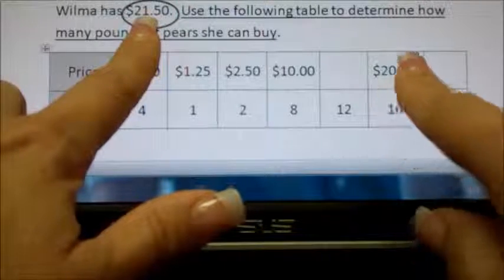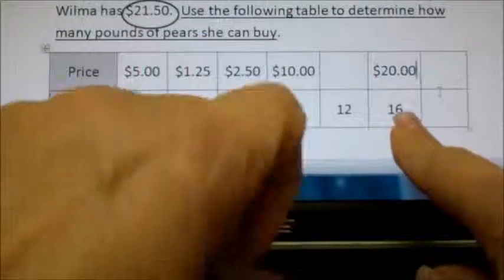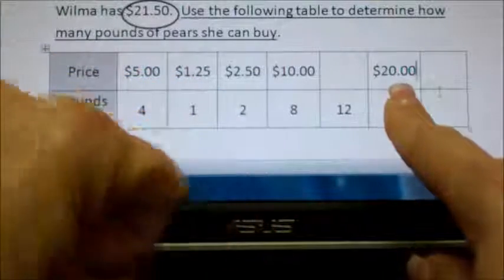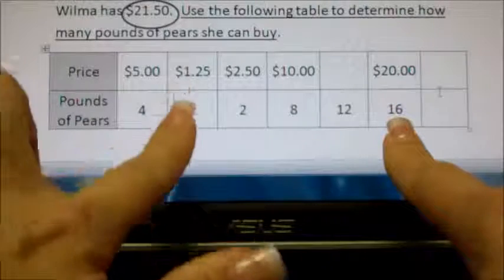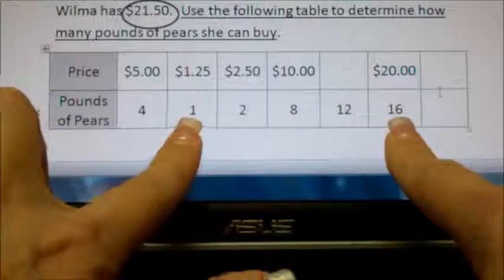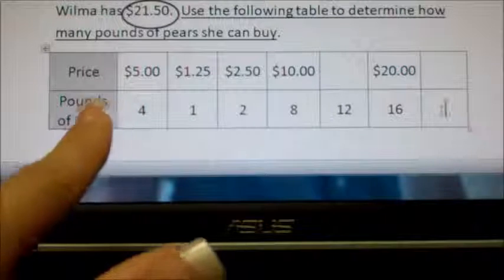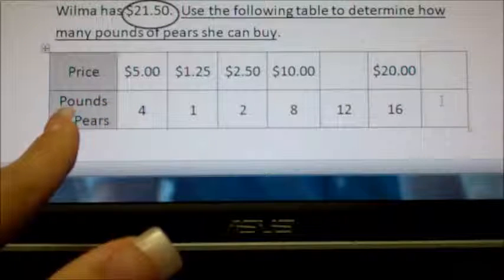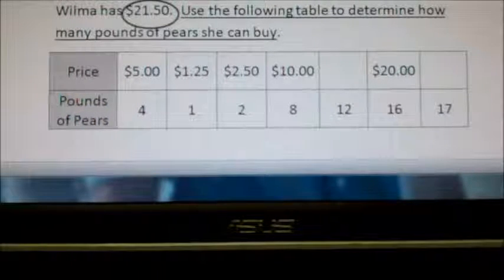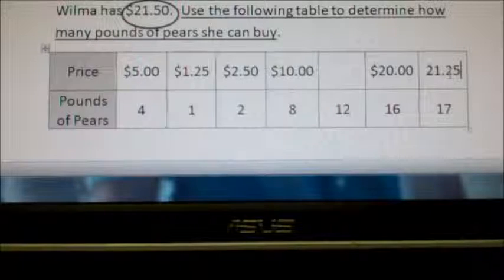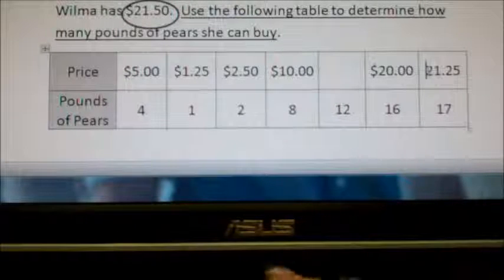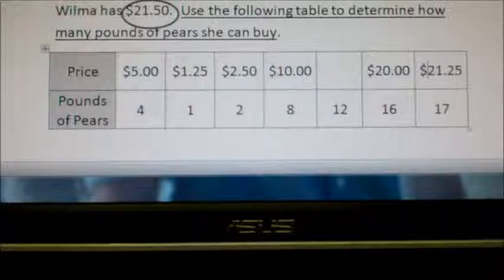So the answer, I would assume, is if this is 16 pounds for $20, and I can get closer and add another pound here, then my answer would be 17 pounds, and that would be $21.25. Is that correct? Think about it. I think that is pretty good.